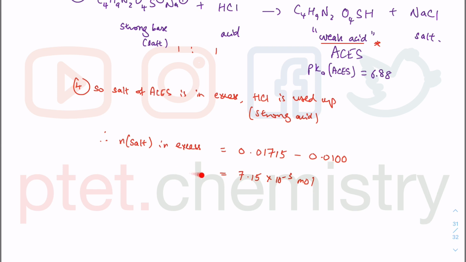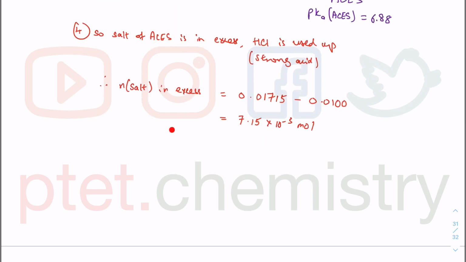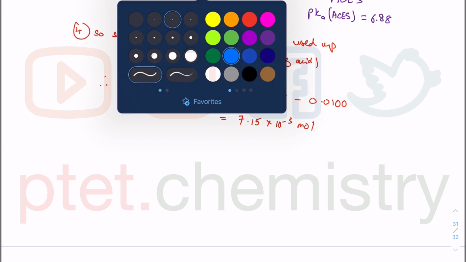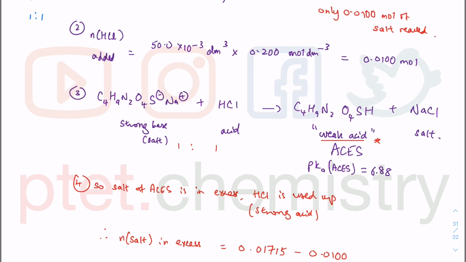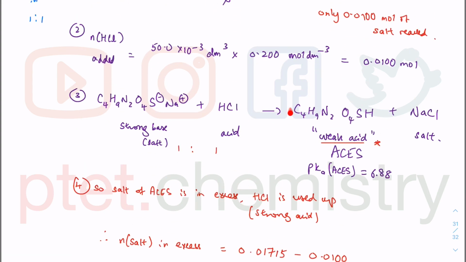This is the mole of the salt in excess, but what is the mole of the weak acid? So now the mole of the excess, which is the weak acid present. Well, from the balanced equation, you get 1 mole of the weak acid from 1 mole of the HCl that fully reacted.